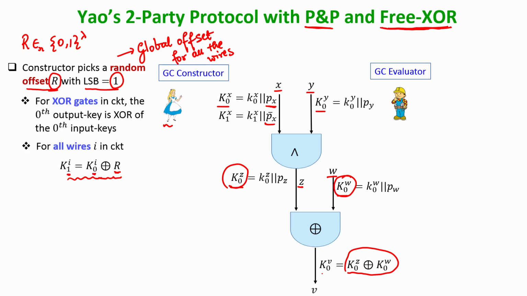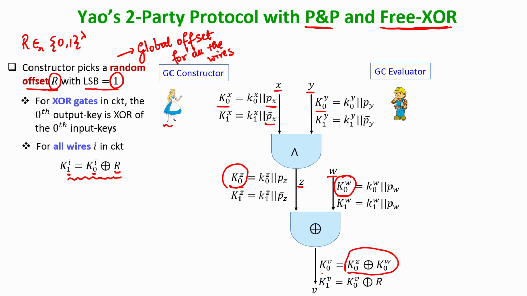Why XORed with 1? Because when I do the XOR with R, the LSB of R is 1, that will automatically flip the permutation bit which has been assigned to the 0 key. Okay. So, that is how the keys corresponding to the value 1 will be picked.